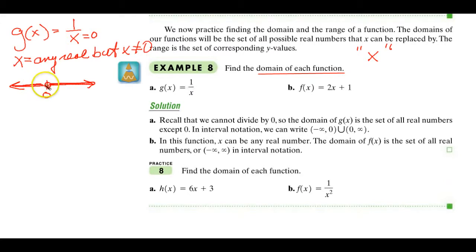So how do we write the interval notation of that? Well, it's starting out here at -infinity, going up to 0, but stopping just before 0. And then we use this union symbol that we haven't had yet, but I'm giving it to you now. And it's going to go from the other side of 0 up to +infinity. So that's the answer for A. Now when we look at letter B, we see that this is just a straight line.